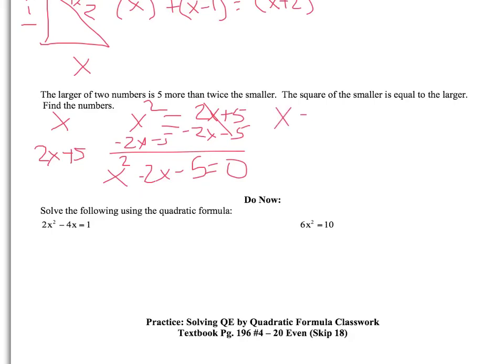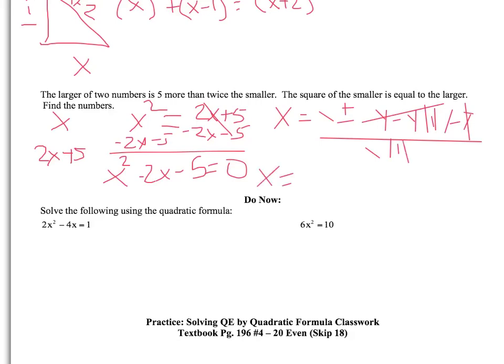It's going to be x equals negative b, so 2, plus or minus the square root of b squared, which is 4, minus 4 times a, which is 1, times c, which is negative 5, all over 2 times 1.